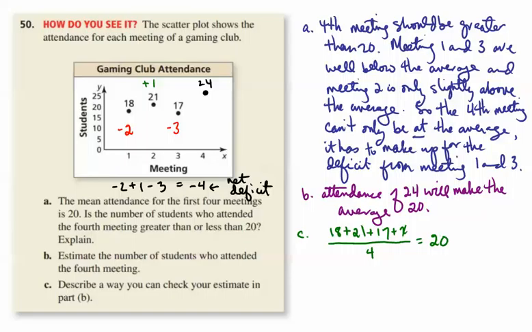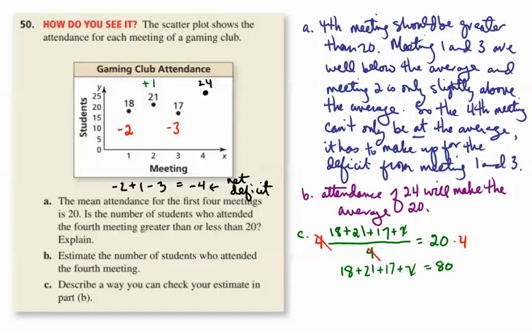The first thing we're going to do, multiply both sides by, not by 20 but by 4, and we end up with the 4's canceling on the left to give us 18 plus 21 plus 17 plus x is equal to 80.